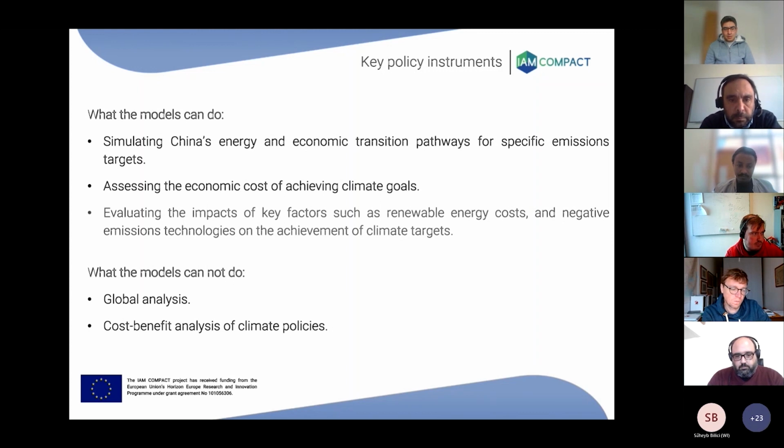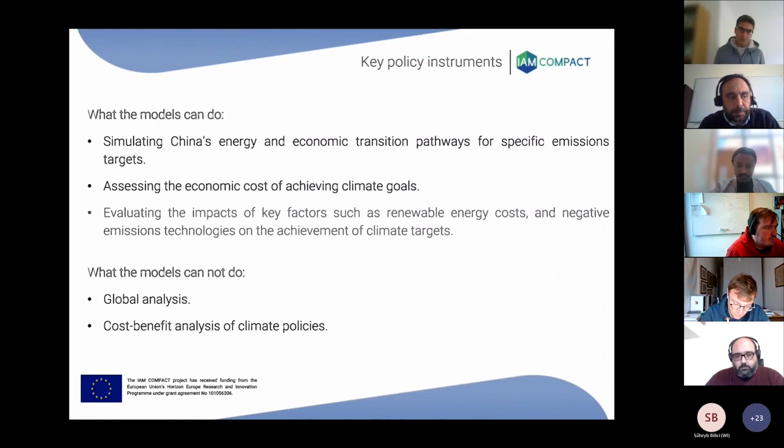We also can use these two models to assess the economic cost of achieving climate goals and evaluate the impacts of key factors such as energy cost changes and negative emissions technology developments on the achievement of climate targets.